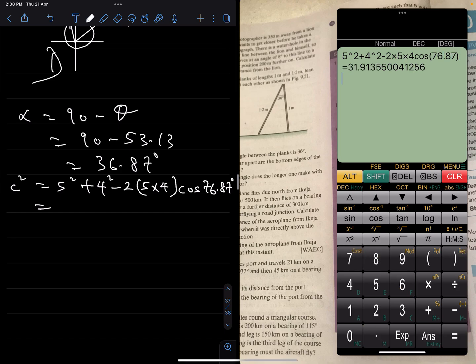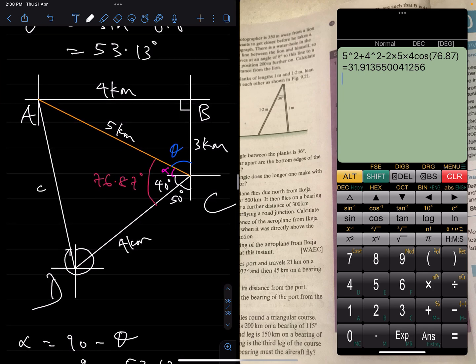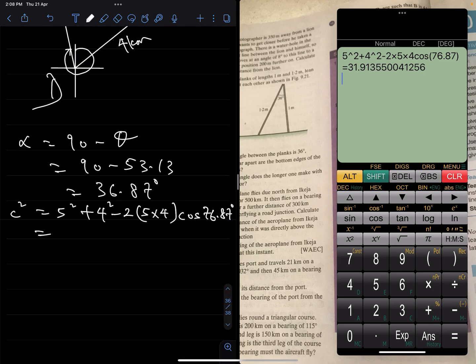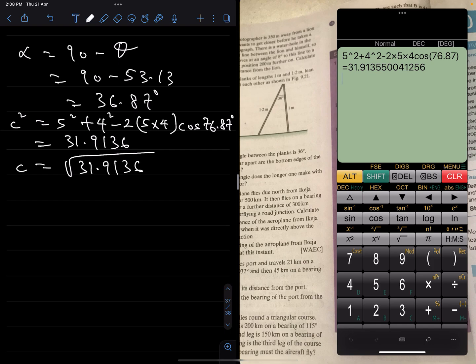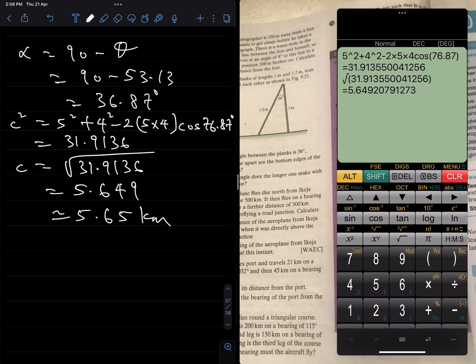I hope I added correctly when I did 40 plus alpha. Yeah, cos 76.87, and that's 31.9136. So C is the square root of that, which is 5.649, approximately 5.65 kilometers to 3 significant figures.